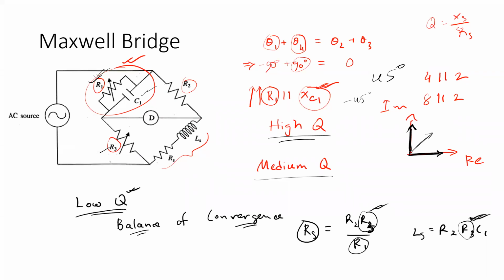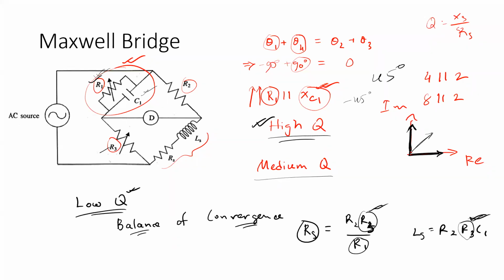Now, by slightly modifying this bridge, this particular problem of measuring inductances of high quality factor can be reduced or eliminated. By this time, maybe you can already suggest, because the problem is being created by the connection of the resistance and the capacitor being connected in parallel.